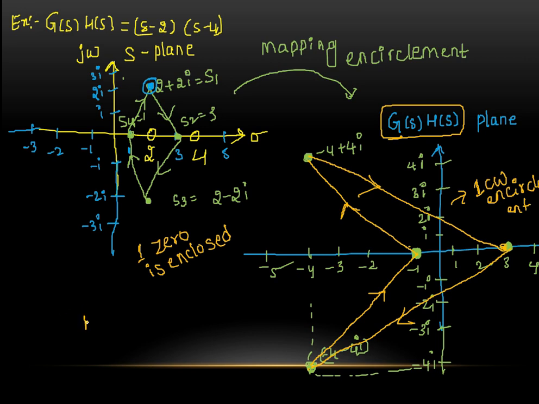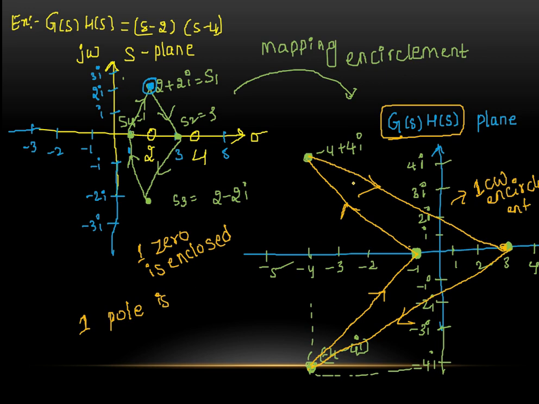If one pole is enclosed, for example, instead of zeros you take some poles, then you will get one anti-clockwise encirclement. If two poles are enclosed, two anti-clockwise encirclements about the origin.